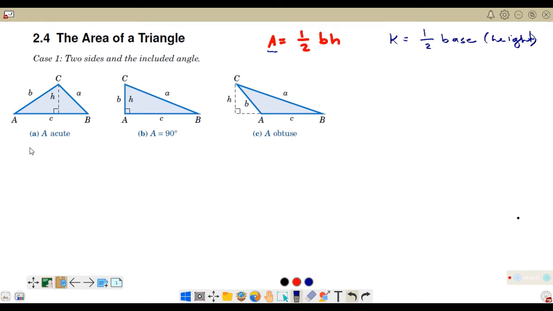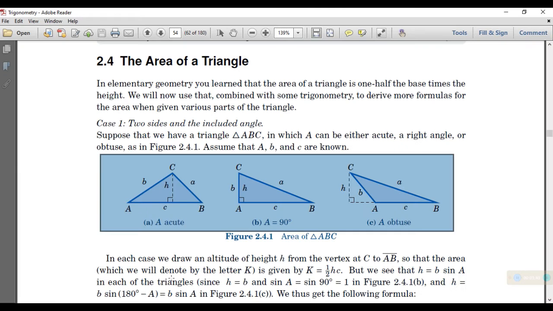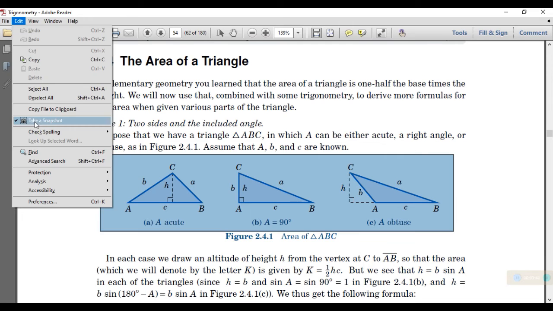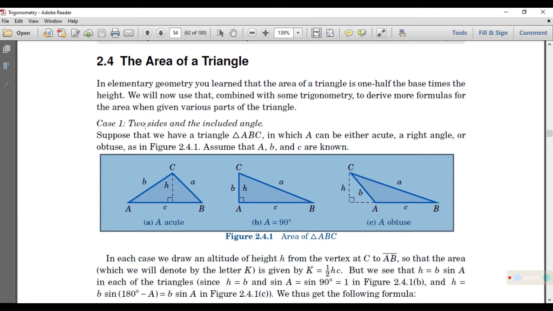So, dito, hanapin natin si area K nung first na triangle. So, dun sa book nyo, meron tayong assumption na nakalagay. So, ang assumption natin ay there are two sides and the included angle na given. So, let's suppose that we have triangle ABC in which A can be either acute, a right angle, or obtuse.